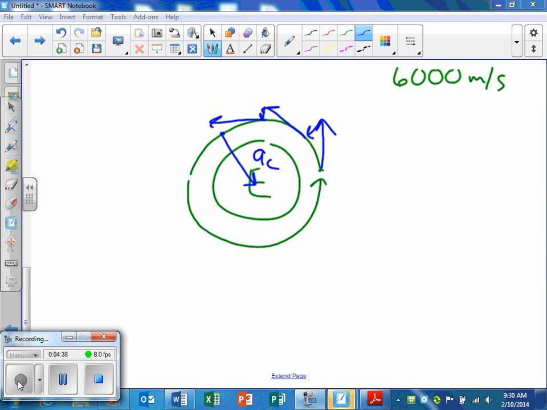So I'm going to give you a new formula. Centripetal acceleration is tangential velocity squared over the radius, and the radius would be from the center of the rotation to the edge of the rotation. So it's really like the radius of the circle with a circular path, okay?